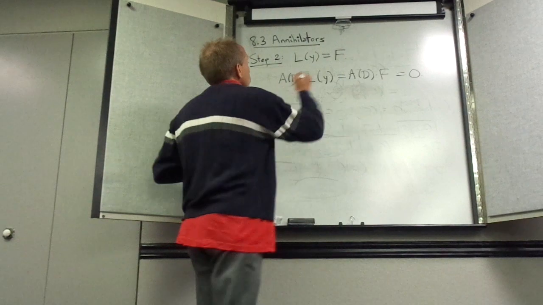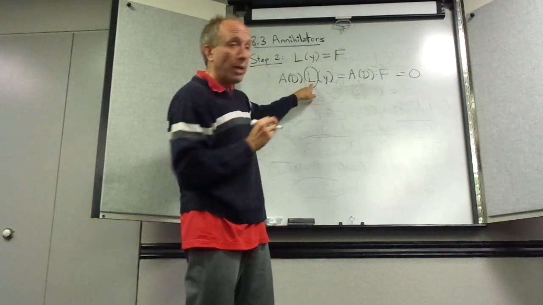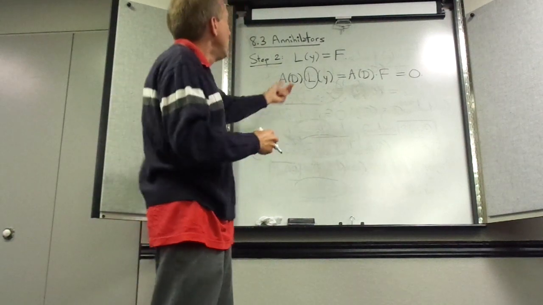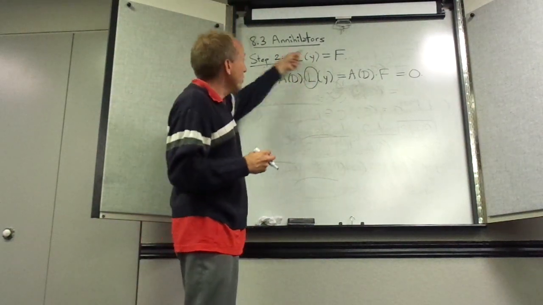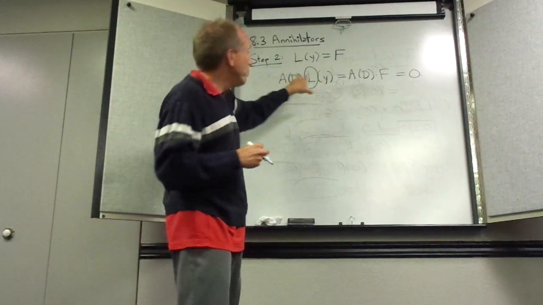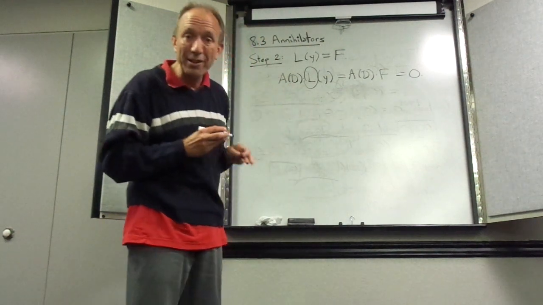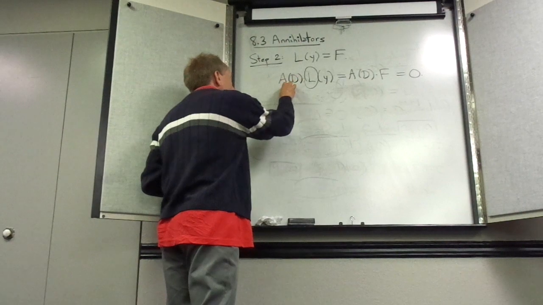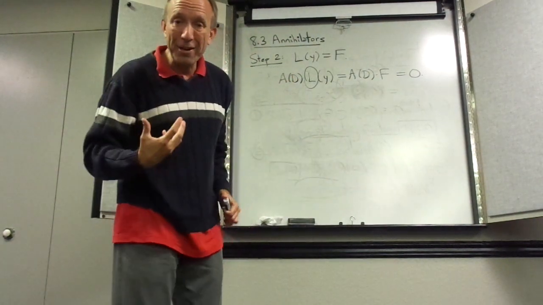All of the roots of the auxiliary equation of L are still going to be present on the left side when you convert this into an auxiliary equation. But you might get some new roots here that are associated with the A of D part, right?